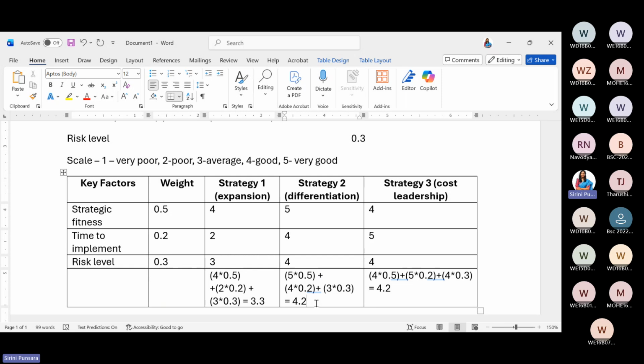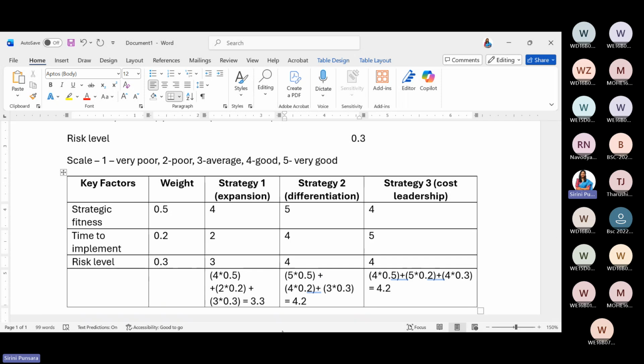We can rank strategy 2 and 3 in first place, and the second place is strategy 1, right? So when we have similar values, we have to take another key factor apart from these three, again to evaluate these two.